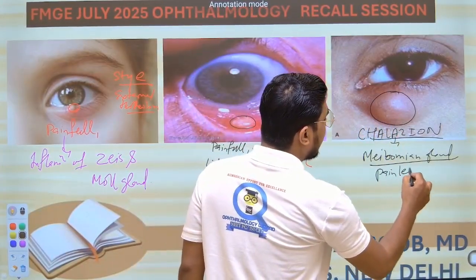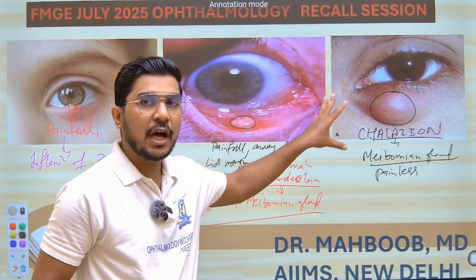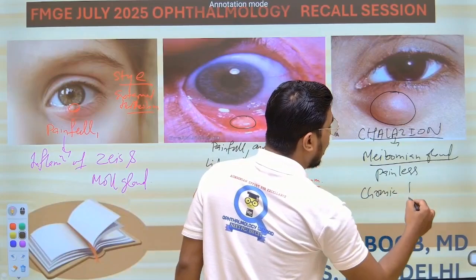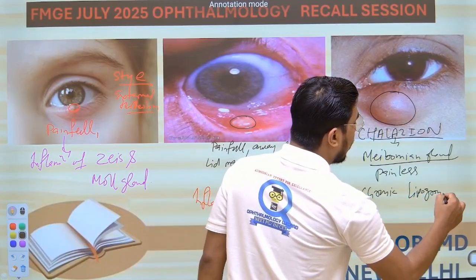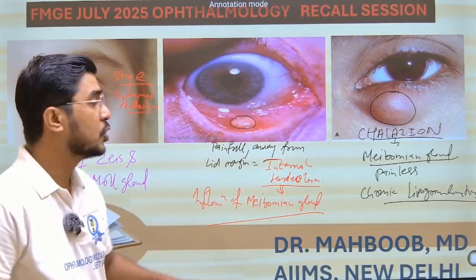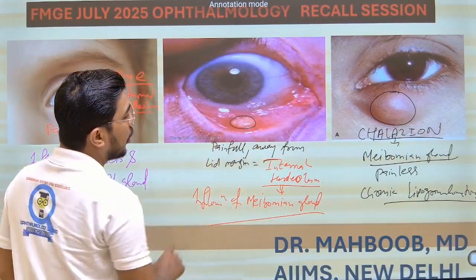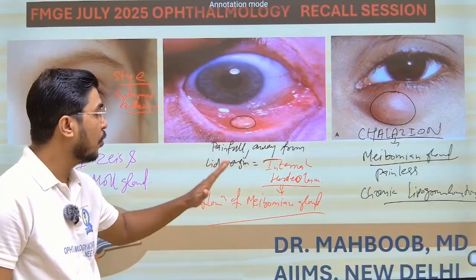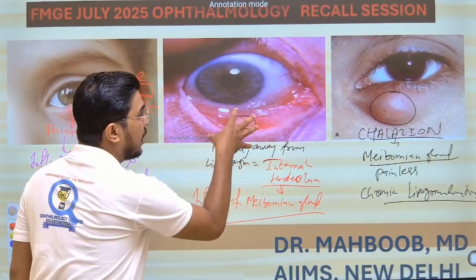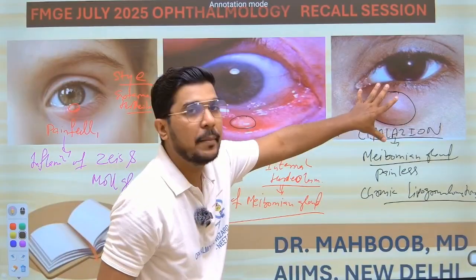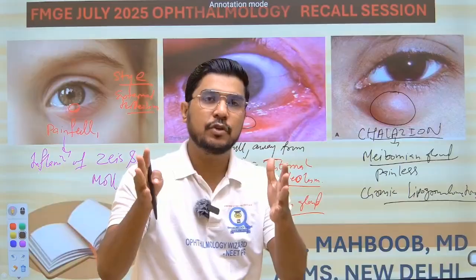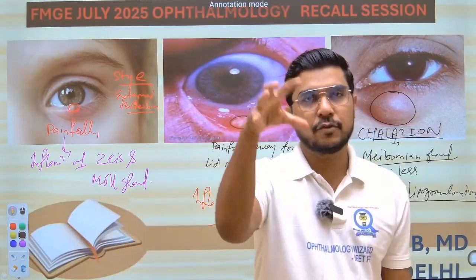It is a chronic lipogranulomatous lesion. So internal hordeolum and chalazion are both because of involvement of the meibomian gland, but the difference is that internal hordeolum is inflammatory and painful, while chalazion is non-inflammatory and a chronic lipogranulomatous lesion. You have to know this, for NEET PG also.